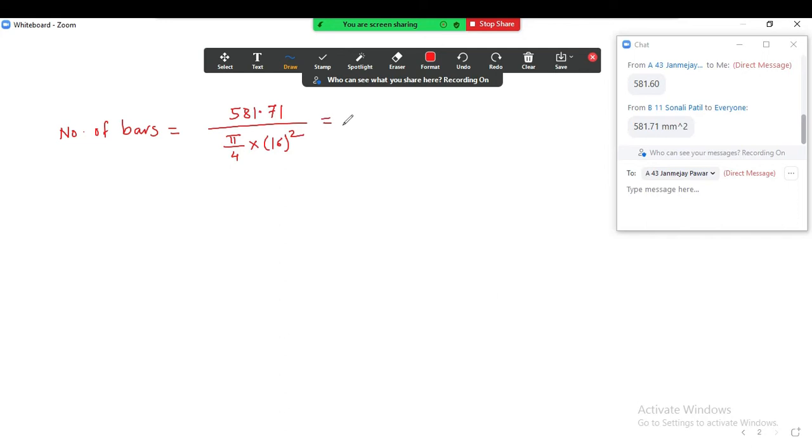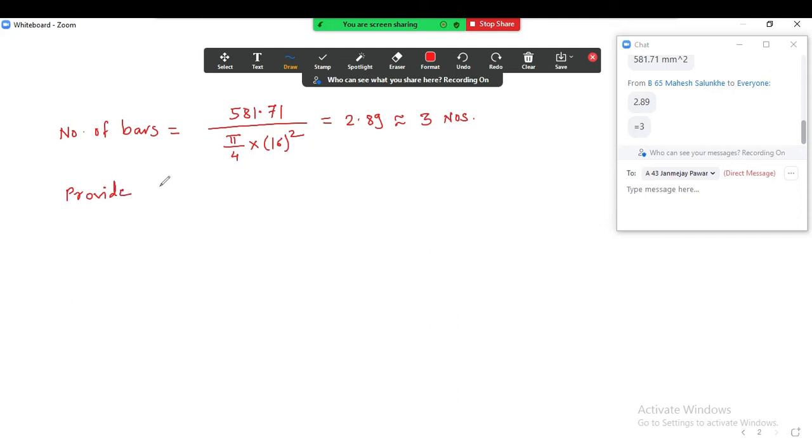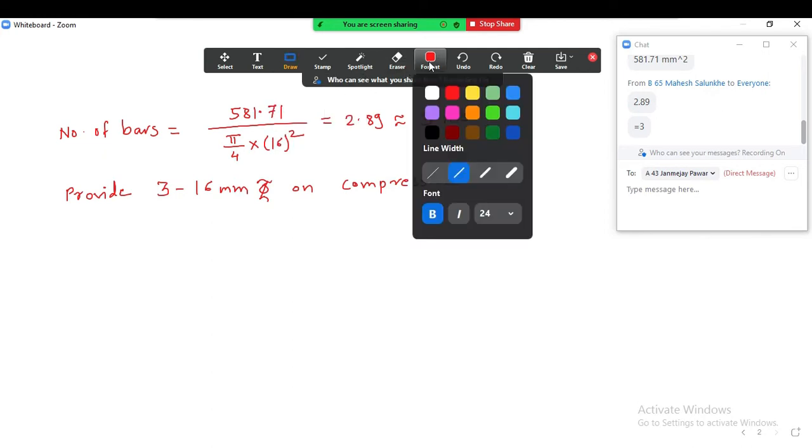You will get the answer 2.89, which is nearly equal to 3. So we will provide 3 bars of 16 mm diameter on the compression side.